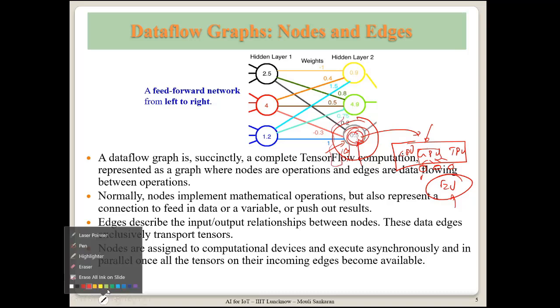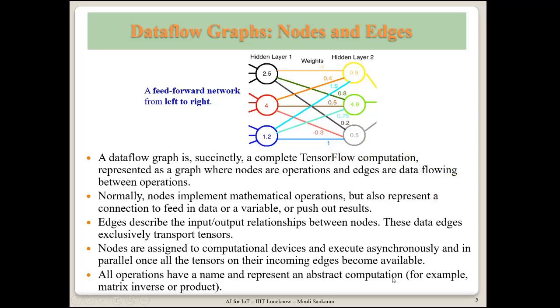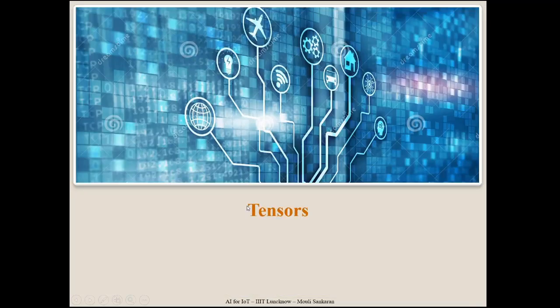The mathematical computation could be very complex. All operations have a name and represent an abstract computation. For example, it could be an inverse of a matrix or a dot product of matrices, anything. Because what is coming is n-dimensional data. Remember that individually also it can be n-dimensional, and on top of it we have multiple inputs coming, so it's more complex than what you can imagine.